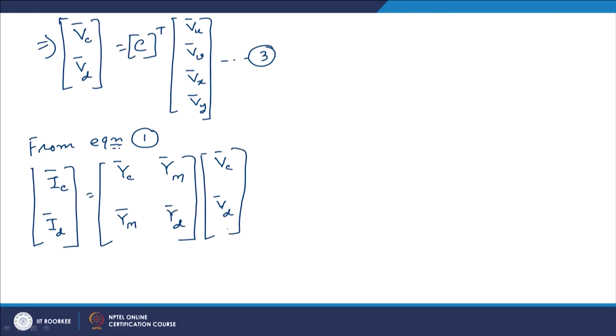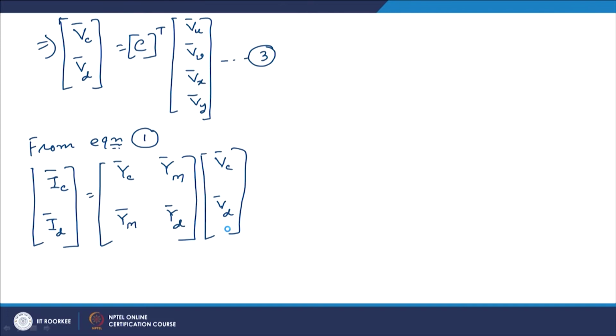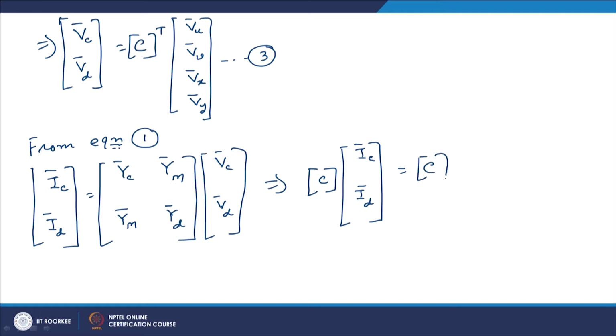Now, I pre-multiply everything by the matrix C. So, pre-multiplying everything by matrix C, I get C into IC ID is equal to matrix C into YC YM YM YD VC VD.